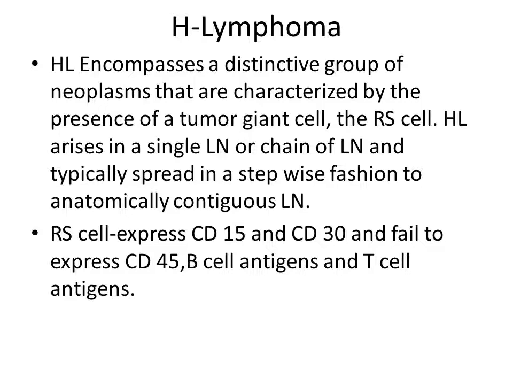Hodgkin lymphoma arises in a single lymph node or a chain of lymph nodes and typically spreads in a stepwise fashion to anatomically contiguous lymph nodes, to the nearby lymph nodes. This is its typical feature for spreading.